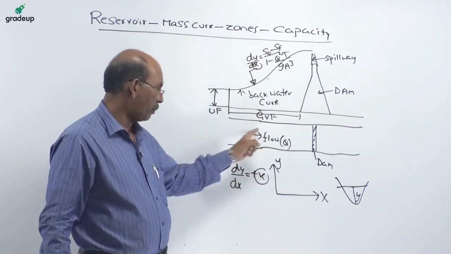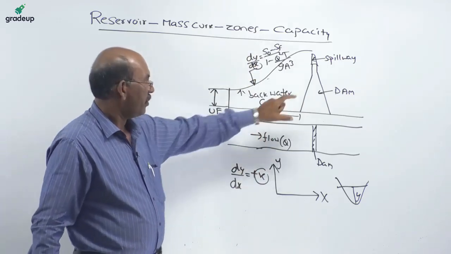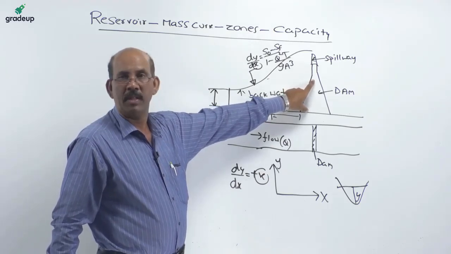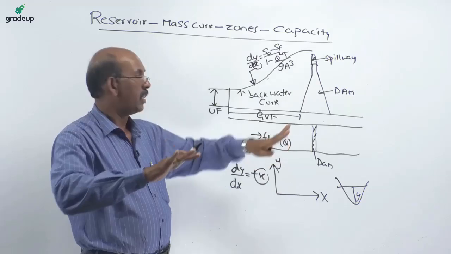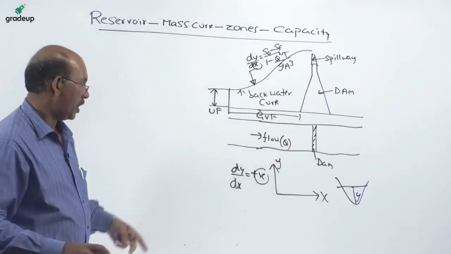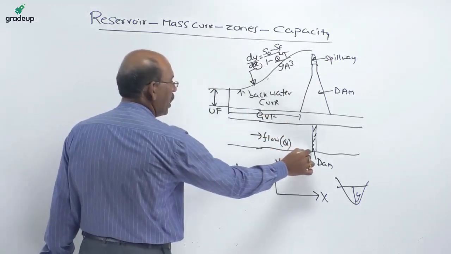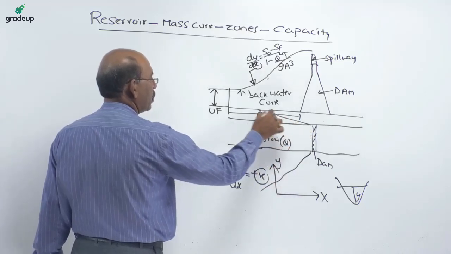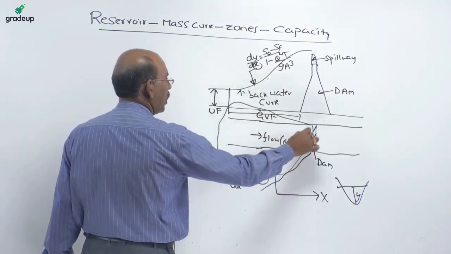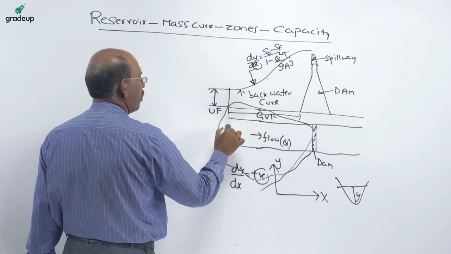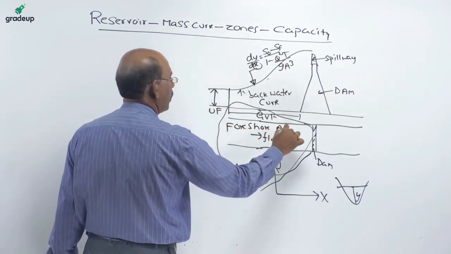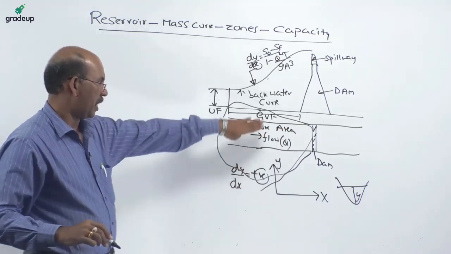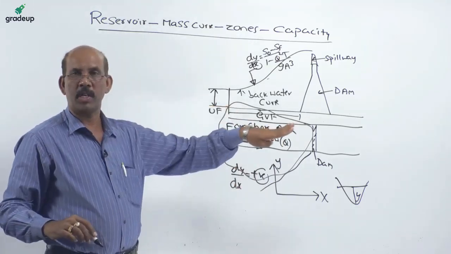Coming to our analysis, the height of the dam has to be analyzed from the existing area. The area on the upstream side we call the foreshore area. This entire area we call the foreshore area.